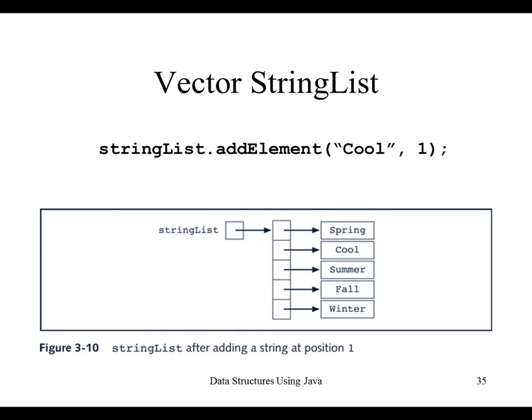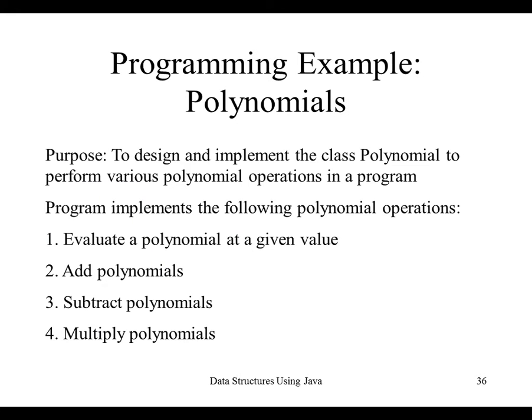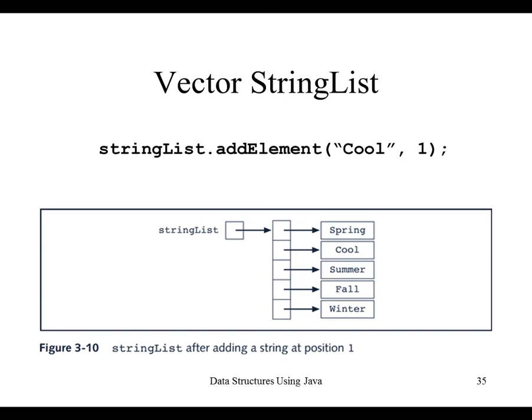If you have an output statement System.out.println(stringList), this will display Spring, Cool, Summer, Fall, and Winter. The class Vector is contained in the package java.util.